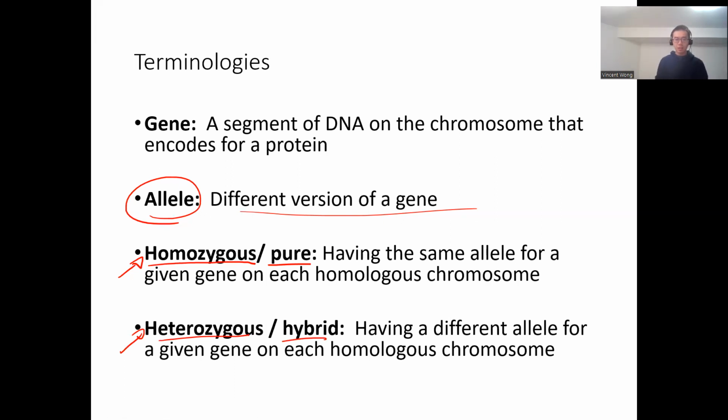In chemistry, you learn about homogeneous and heterogeneous mixtures. Homogeneous means it's the same throughout, like salt water. Heterogeneous means it's different, like oil and water mixed together. So in the context of what we're talking about, homo is the same allele, hetero is a different allele.